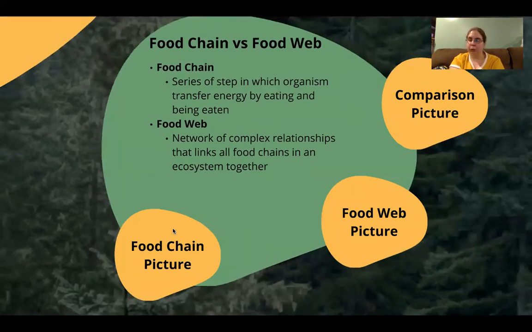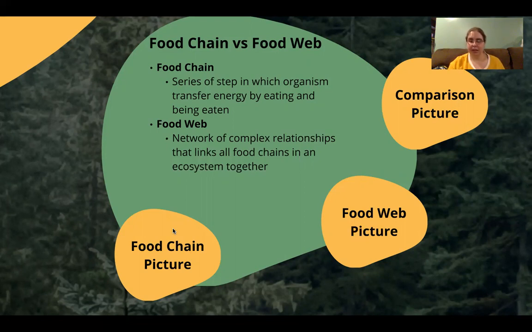All right, a food web is a network of complex relationships that links all food chains in an ecosystem together. So in other words, instead of just looking at one possible pathway that energy can flow through, it's looking at all the possible pathways that energy can flow in an ecosystem.